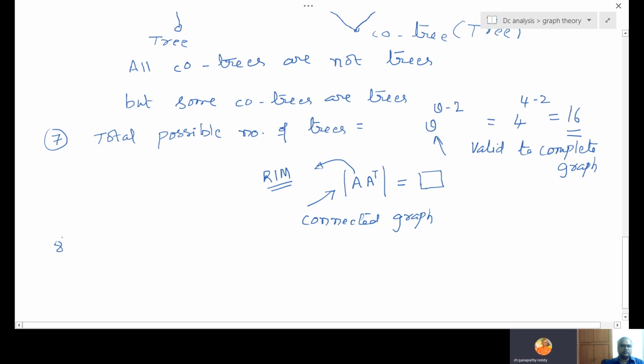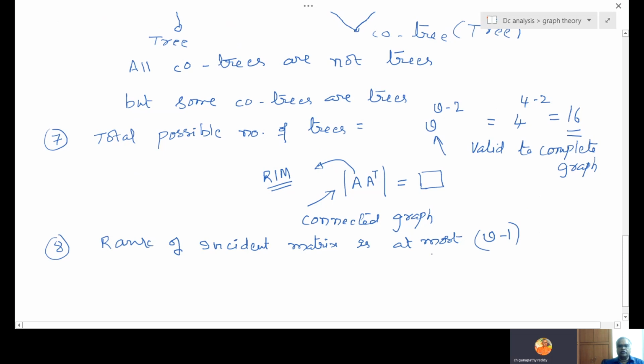Then 8. Rank of incident matrix is at most V minus 1.